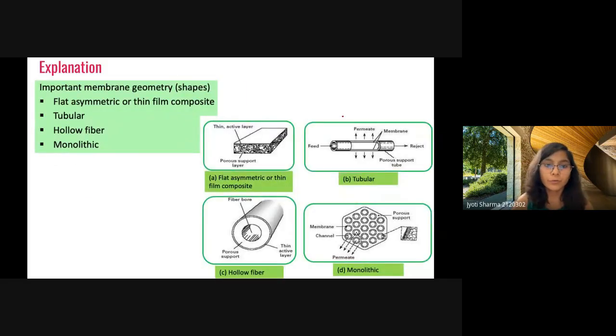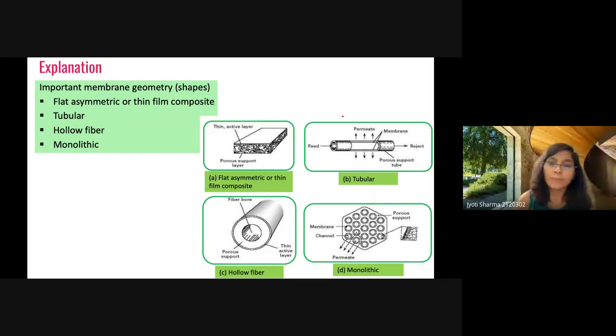Let me show you the figure. So these important membrane geometries are flat, asymmetric, or thin film composite. It may be tubular, it may be hollow fiber, or it may be monolithic. And you can see here, if it is flat, then this is just flat, just like a tile, or if it is tubular, then this is just like a pipe.